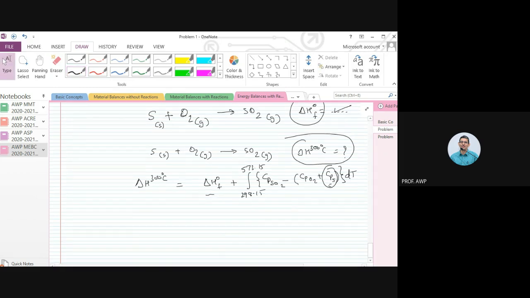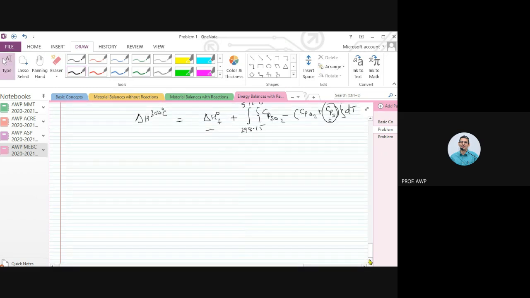But suppose I give you some compound, let's say here, this is phthalic anhydride, right? If I give you this, now I may not know the heat of formation of this compound at 25 degrees centigrade. So delta H0F may not be known.